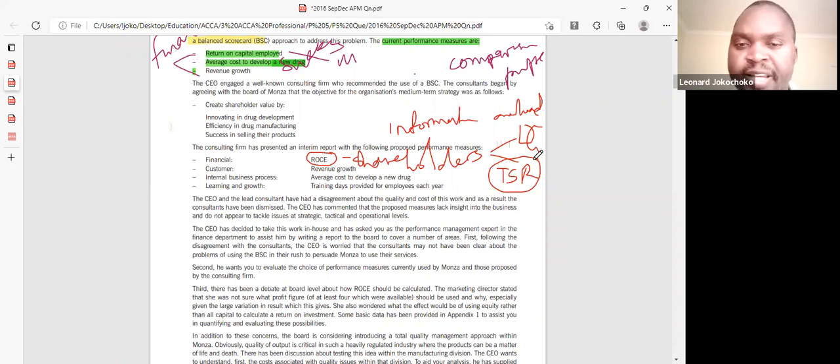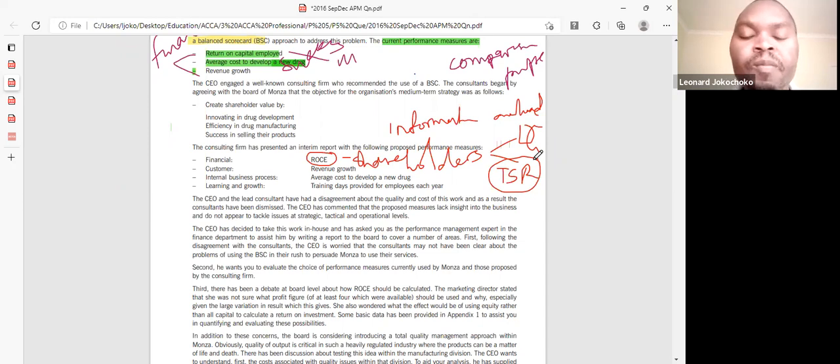The use of return on capital employed does not directly measure total shareholder wealth. Instead, a better metric would have been total shareholder return, as it measures both dividends and capital growth. So I'm criticizing that this method does not do what it is meant to do.